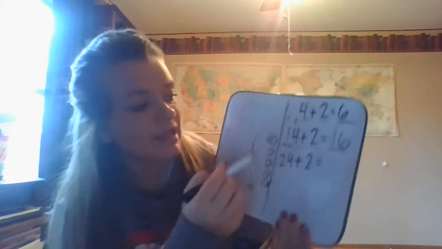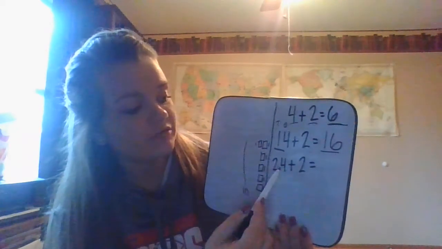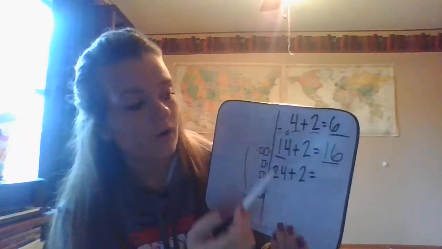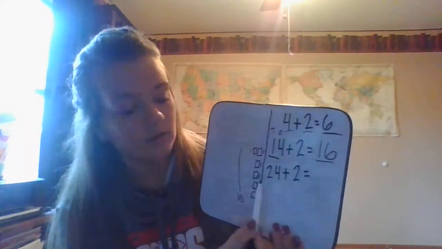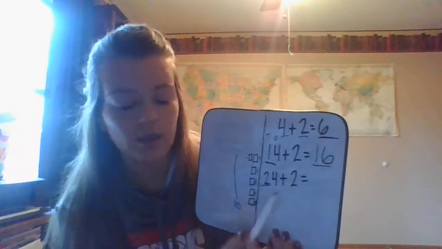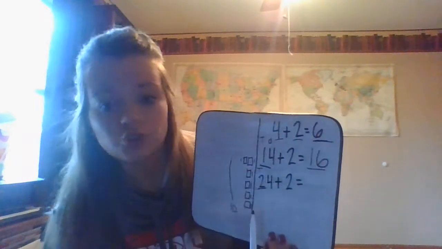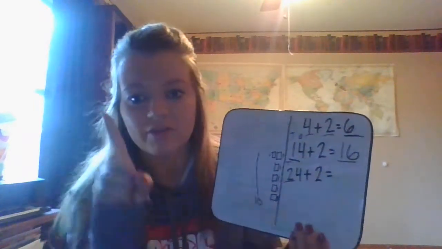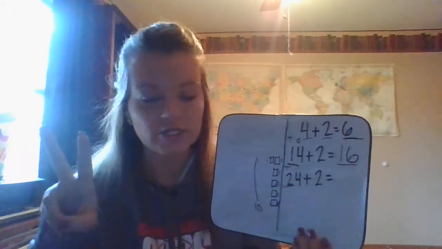So if I'm looking at 14 plus 2 equals 16 and 24 plus 2, how is 14 different from 24? Look at the 10's place again. How is that number changing? I have 1 in the 10's place here and a 2 in the 10's place there. So if I have the number 1, how many am I adding to get to 2? 1. I just added 1 more.